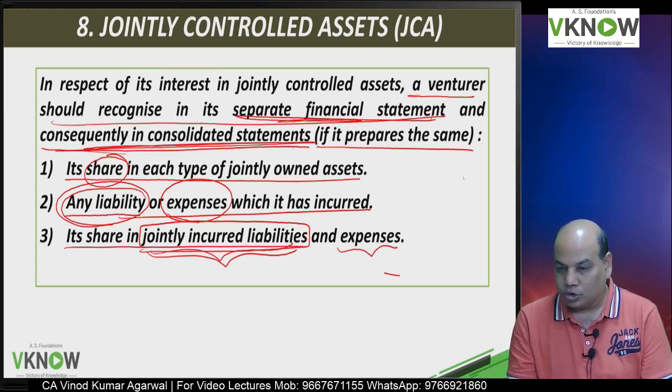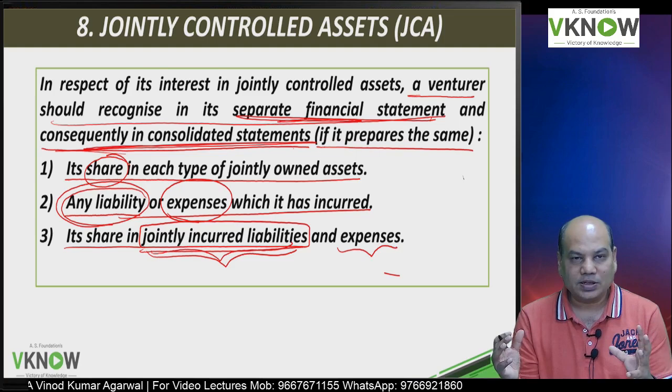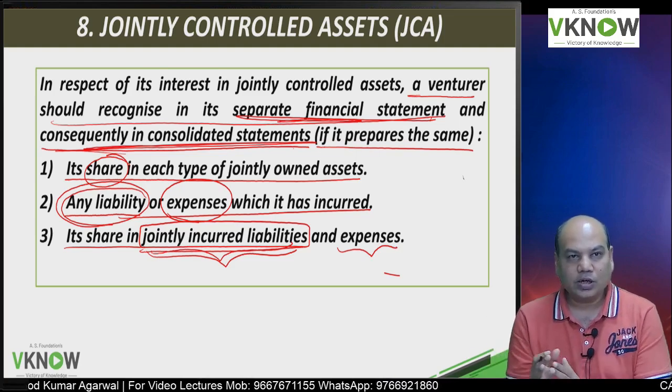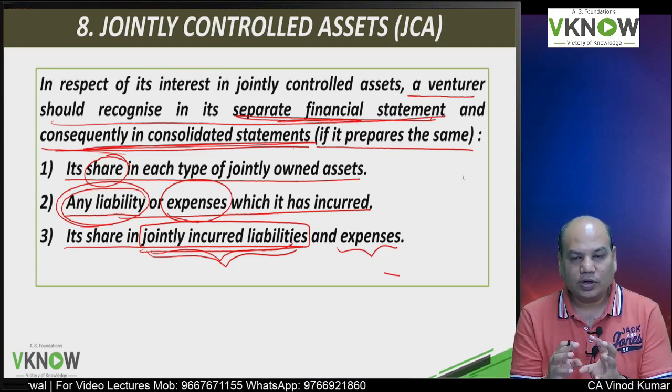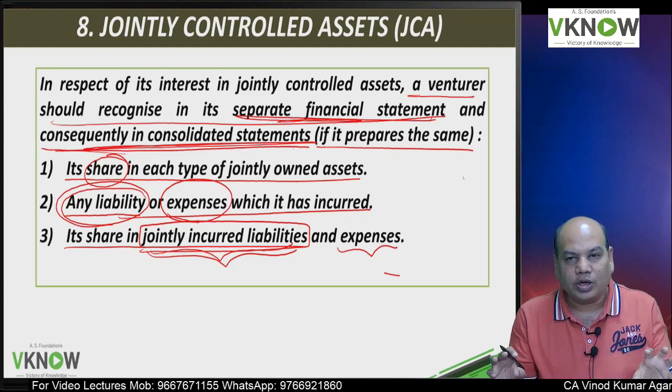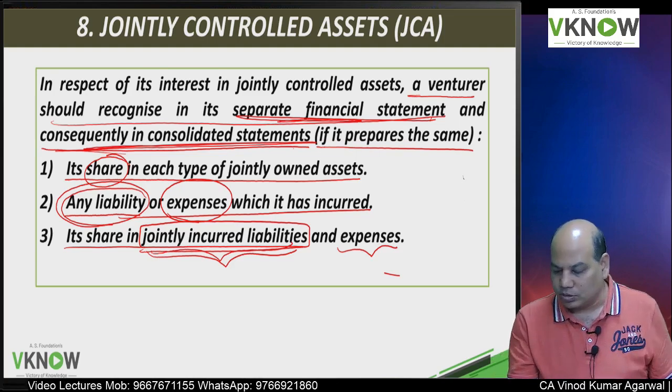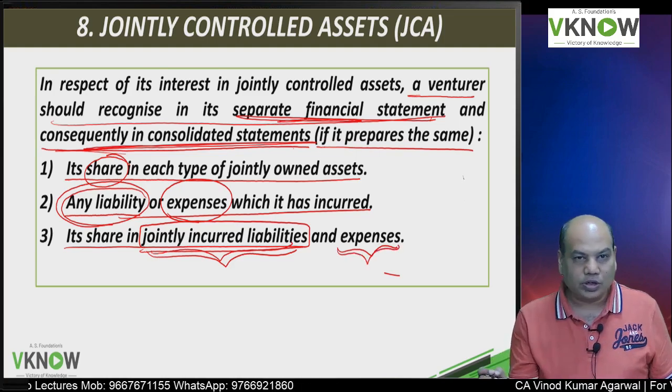Similarly, the common expenses relating to that jointly controlled asset, like maintenance of a building, will again be recorded in each venturer's book according to the ratio they have agreed.